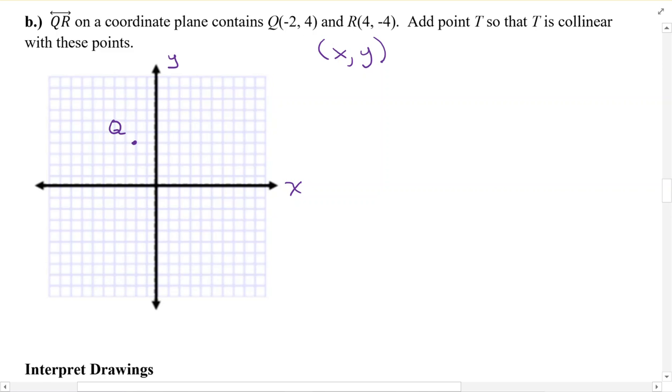So this is point Q. And R, which is 4, -4. And we'll draw a line through those 2 points. And we want to add point T so it's collinear with those 2 points, so we'd add T anywhere on the line.